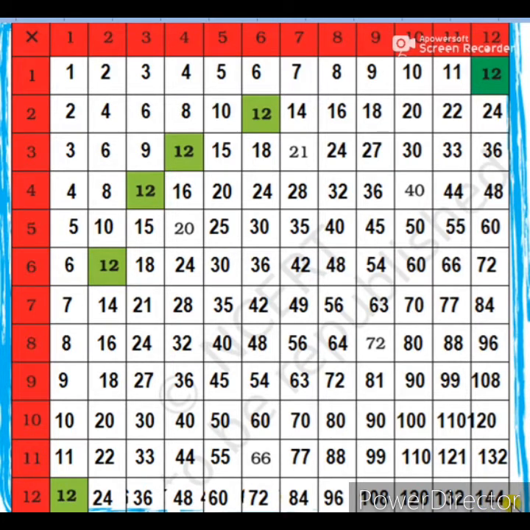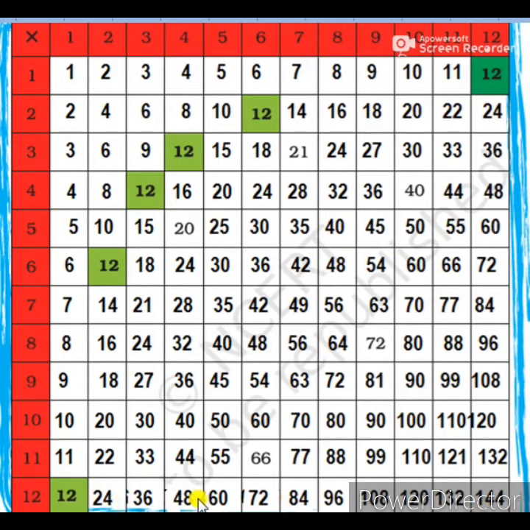Now the last question regarding this topic is, what can you do for numbers bigger than that? That means if you are getting any number greater than this 144, how can you find the factors? Very simple, students. Here we have taken tables up to 12.